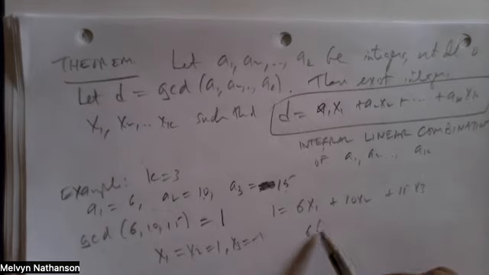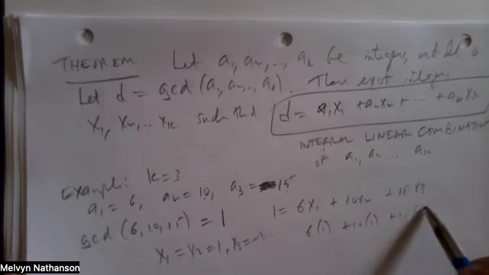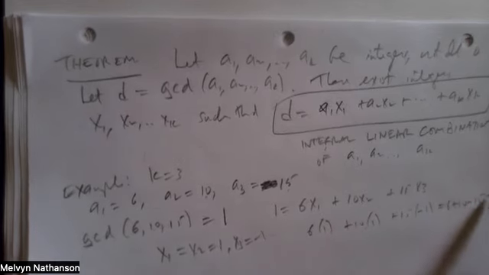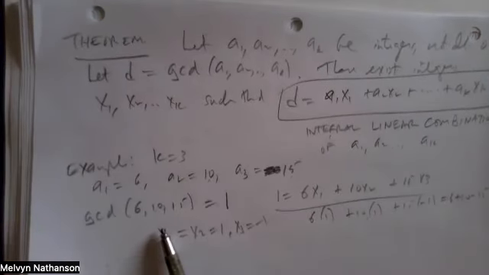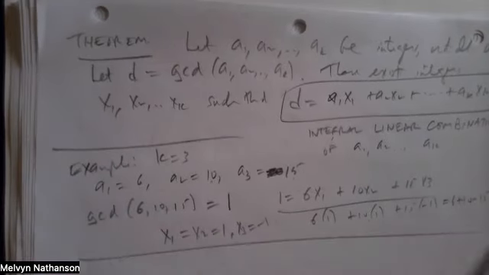Because then you will get 6 times 1 plus 10 times 1 plus 15 times minus 1 is 6 plus 10 minus 15 is 1. So here I've written the greatest common divisor of 6, 10, and 15 as this integral linear combination of 6, 10, and 15. Right? That's kind of a simple example of what we're saying.